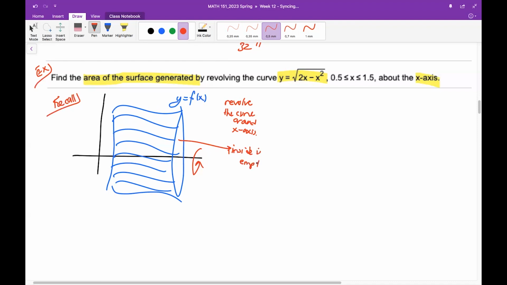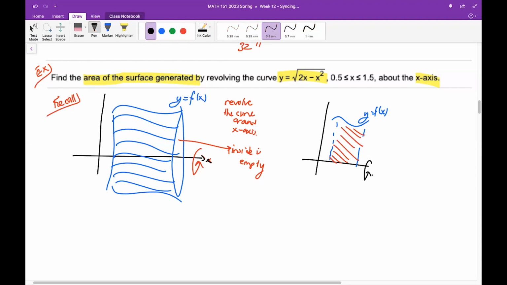Inside is empty. What we were doing last week was, okay, let me also recall what we learned last week. We were doing something similar. So we had a curve again, given by this expression y equals f of x. We were not just revolving the curve, but the whole region under it, okay, around the x-axis.